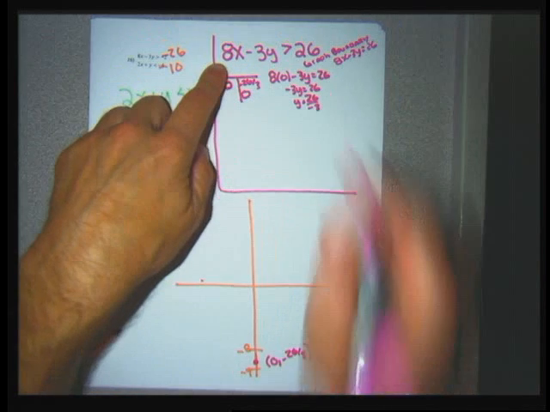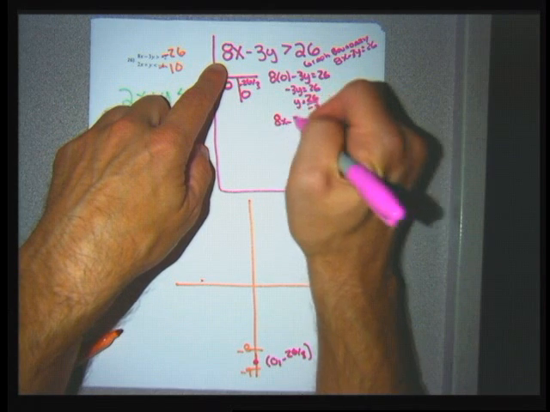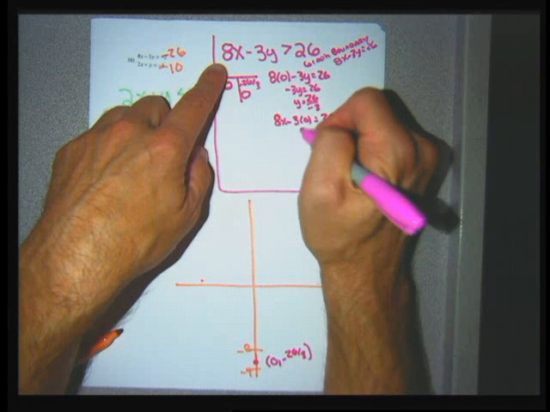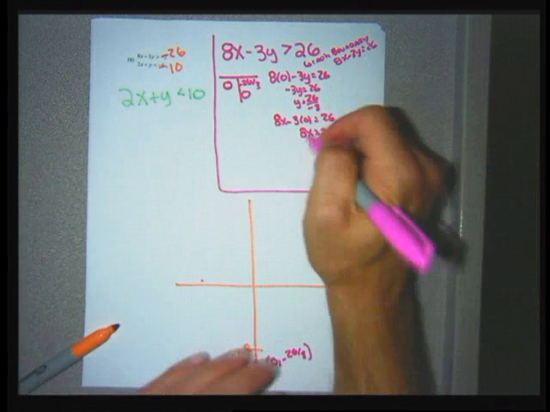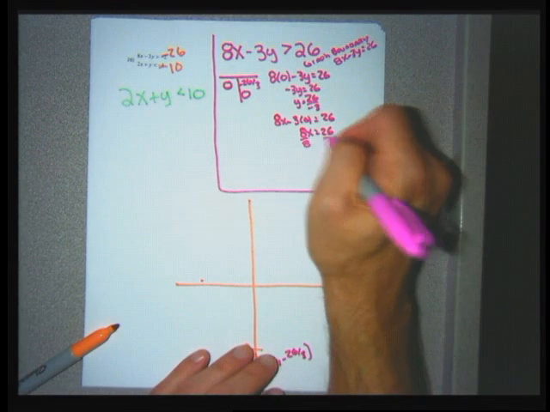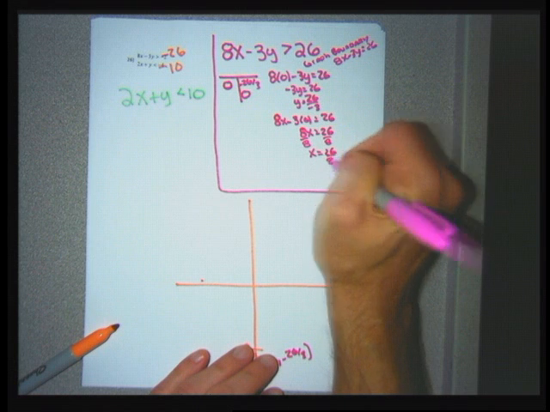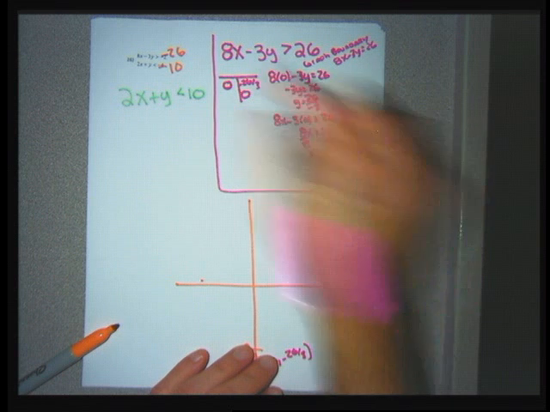The next one, when I plug my 0 in, I'd go 8x minus 3 times 0 equals 26. This gives me 8x equal to 26. And when I divide both sides by 8, I get x as 26 over 8, which I'm going to reduce by 2 to 13 over 4.